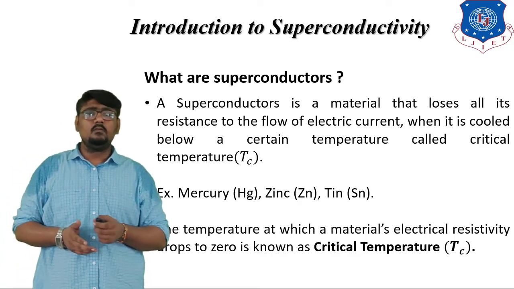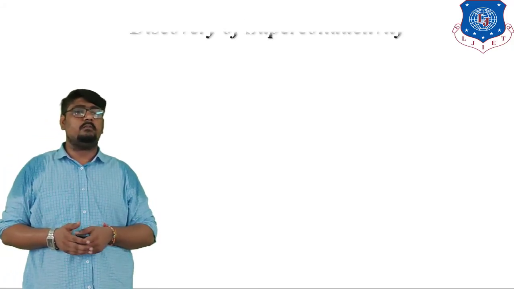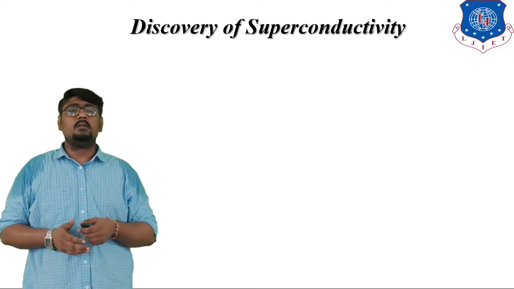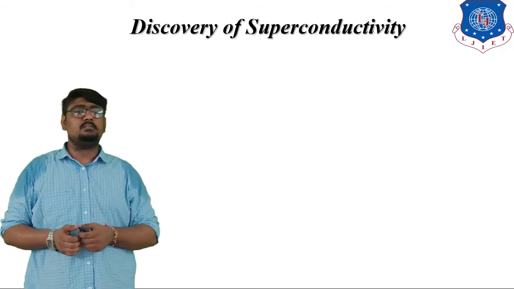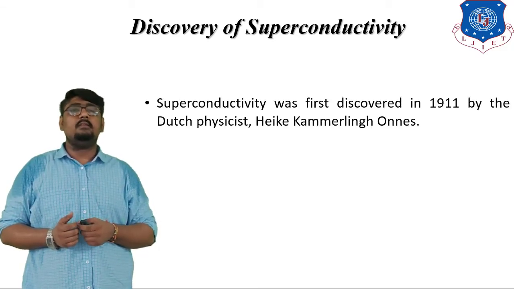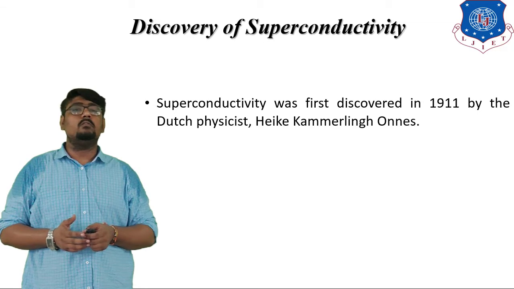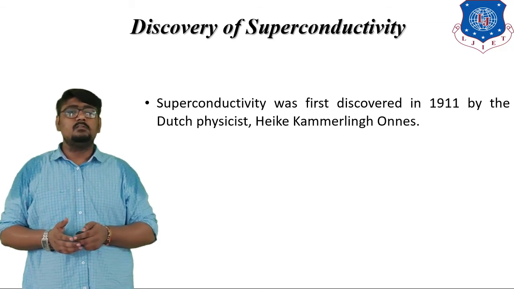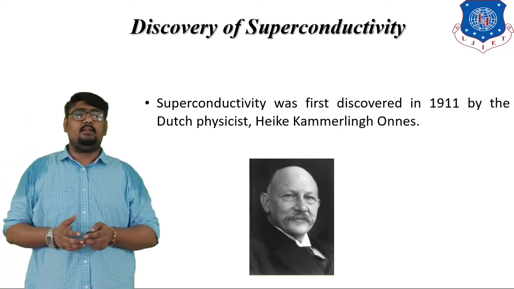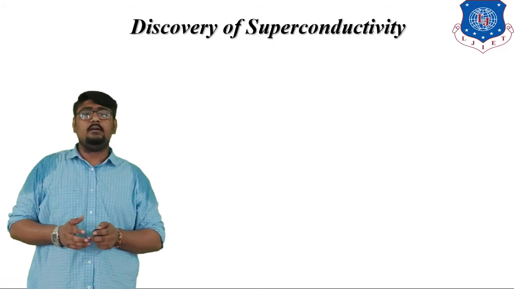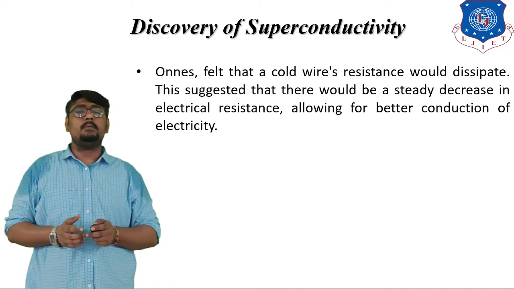So let's move on to the next topic, the discovery of superconductivity. Superconductivity was first discovered in 1911 by the Dutch physicist Heike Kamerlingh Onnes. Onnes thought that a cold wire's resistance would dissipate.